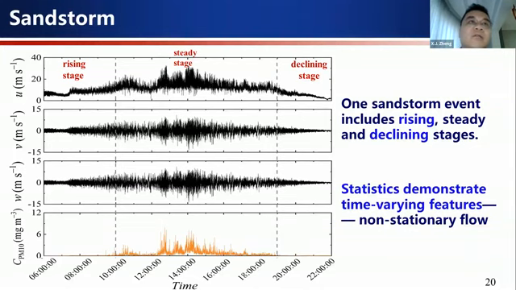Non-stationarity is not only reflected in the time variation of the mean velocity, but also in the fluctuating quantities. Therefore, it is impossible to remove the non-stationary part of the data simply by deleting the mean.